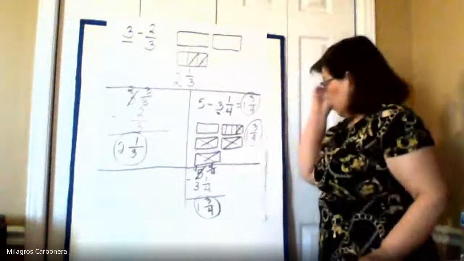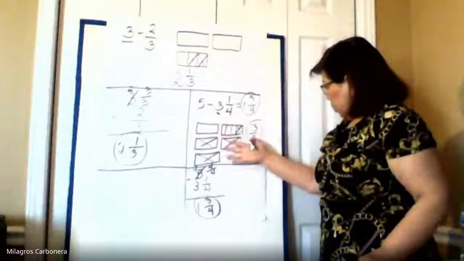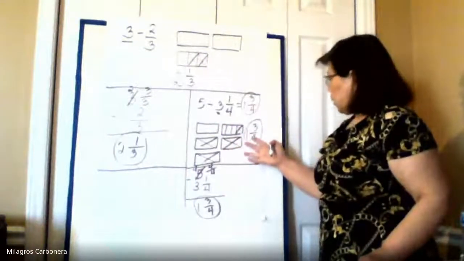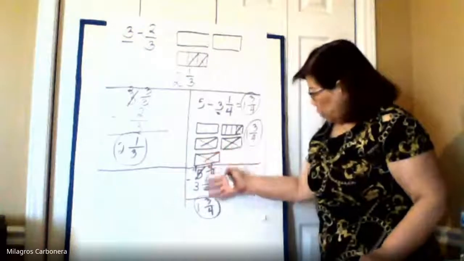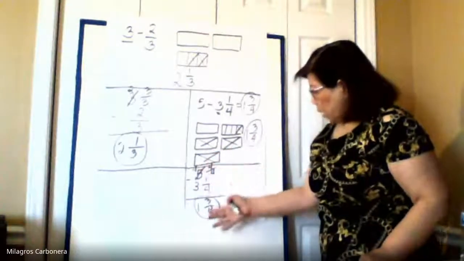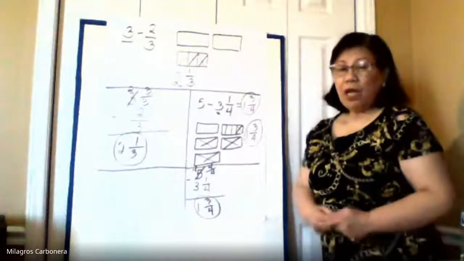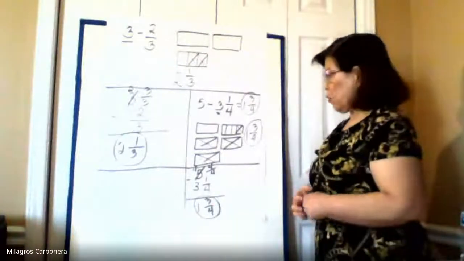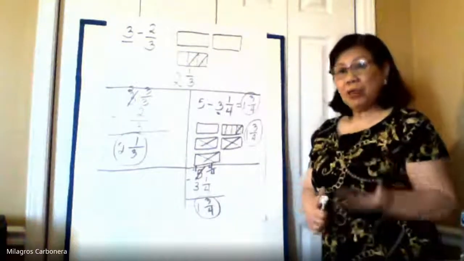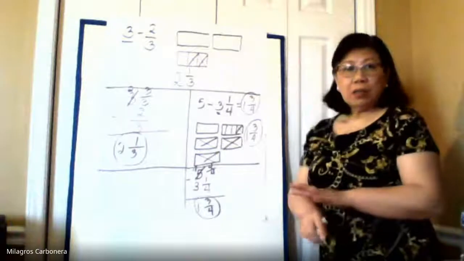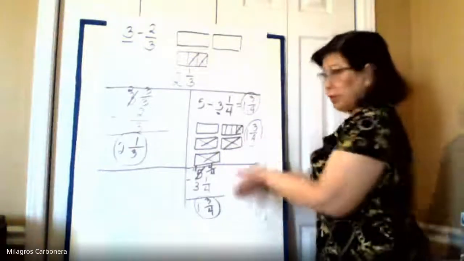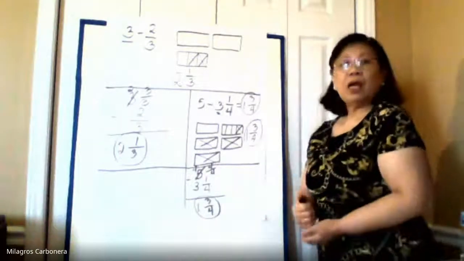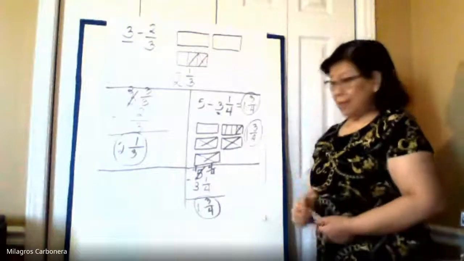If you look at the answer when I used pictures, I had 1 and 3/4. When I used numbers or algorithm, I have 1 and 3/4. So no matter what strategy you use, if you're doing everything correctly, your answers would remain the same.